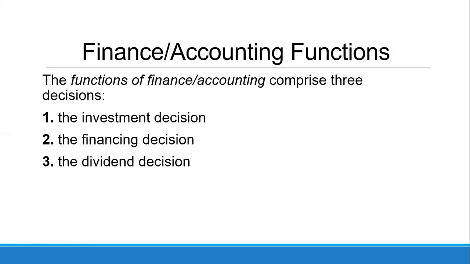Now, the finance and accounting. So generally speaking, the functions that fall within the purview of finance or accounting units in an organization border on three main decisions, which include the investment decision, the financing decision, and the dividend decision.